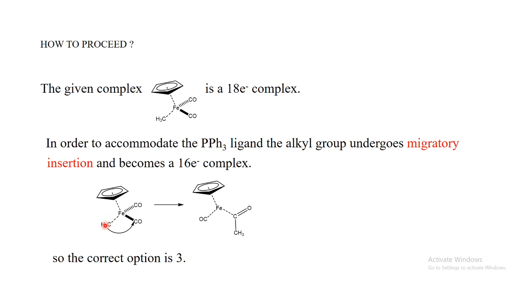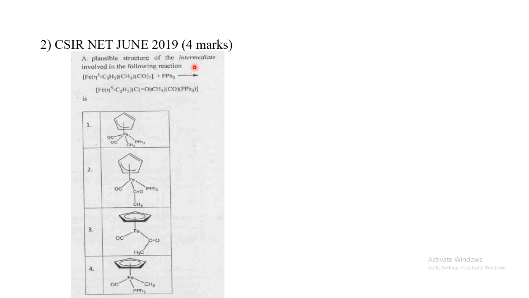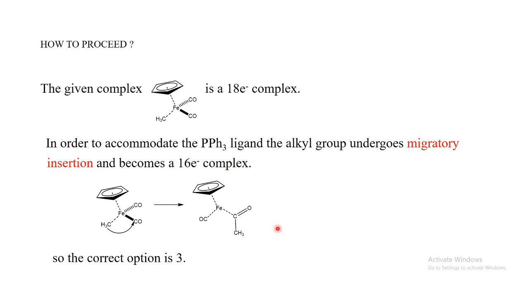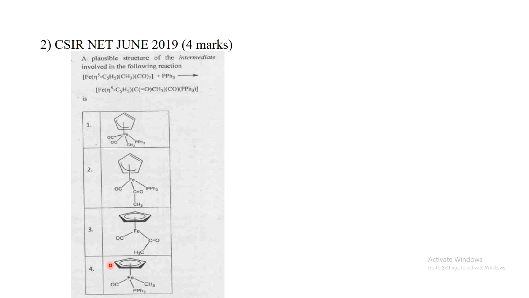So when this methyl ligand migrates onto this carbonyl ligand, the resulting complex is a 16 electron complex. So after this organometallic compound has been converted into a 16 electron complex, the triphenylphosphine ligand can easily come and get attached to this iron center, and the overall electron count for the final product will be an 18 electron complex. So if we see the options, then option 3 is the correct answer.